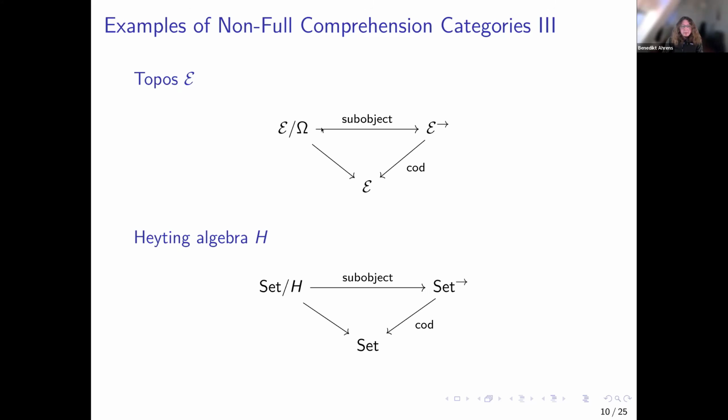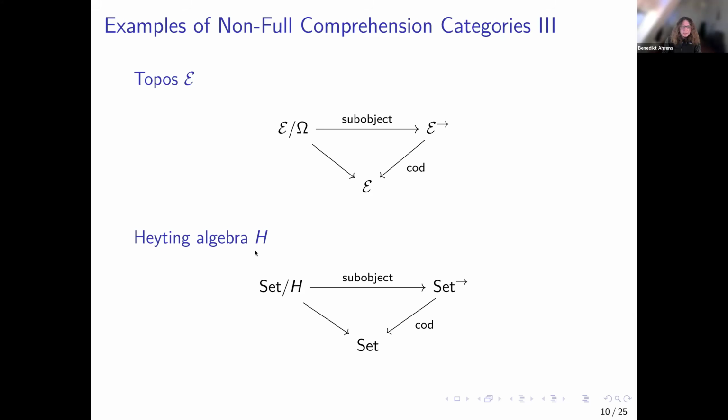The category of types is the slice category of E over the subobject classifier omega, and then the comprehension functor maps a morphism into omega into the subobject classified by that morphism, and that is also typically not a full functor. So this comprehension category is not full.